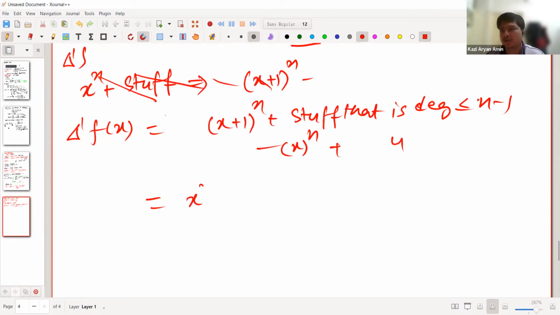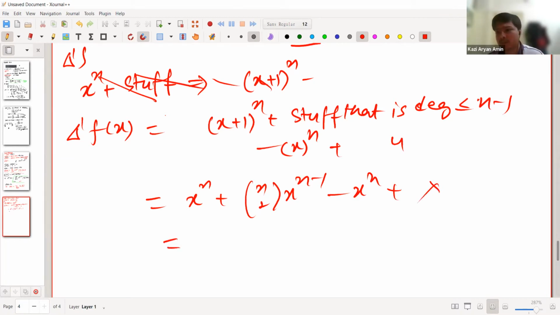By the binomial theorem, you have n choose 1 x to the power n minus 1, minus x to the power n, plus stuff I don't care about. The x to the power n terms cancel out. So this polynomial has a degree of n minus 1, and the leading coefficient for this is n.